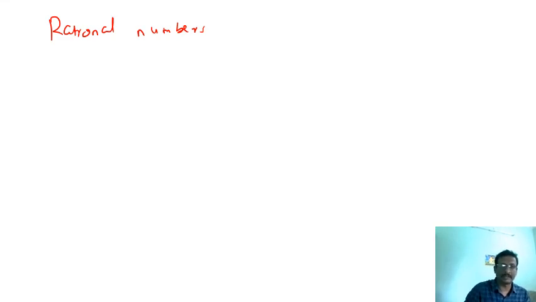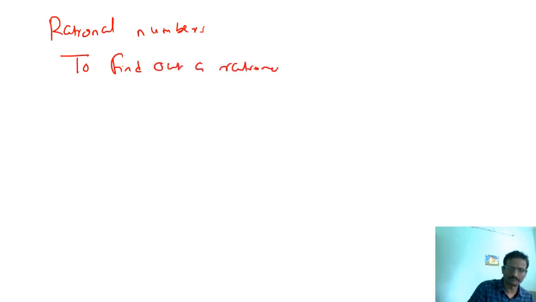Now another important point is how to find a rational number between two rational numbers, that is important.